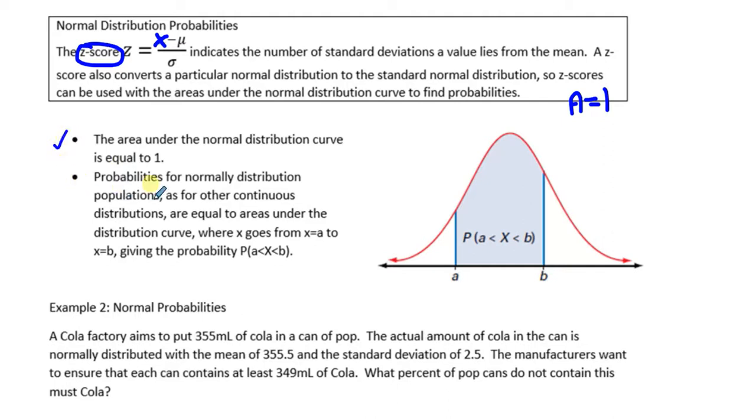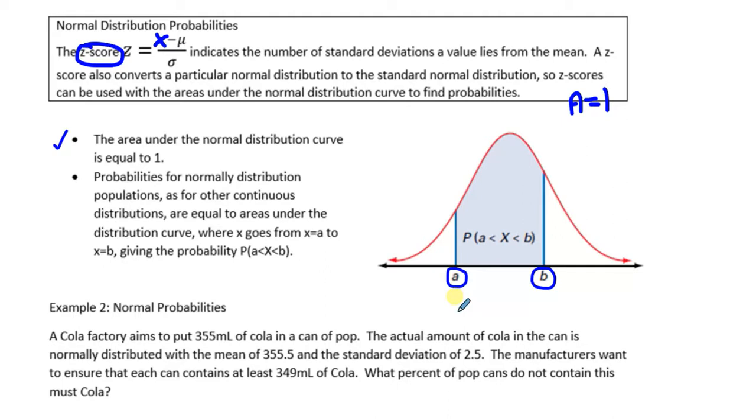We already said that. Probabilities for normally distributed populations, as for other continuous distributions, are equal to the areas under the distribution curve that go from A to B, whatever A is to whatever B is.